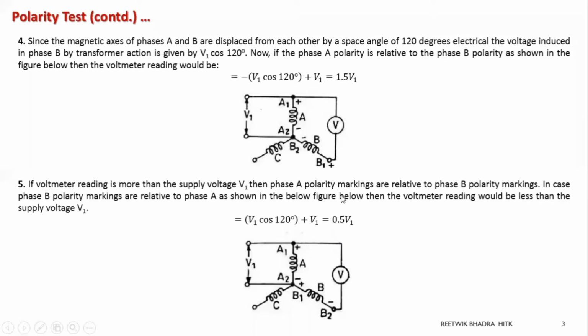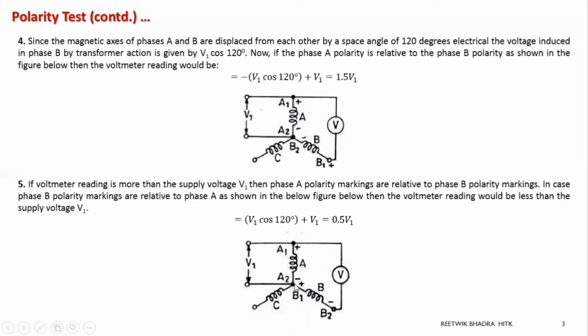So we can say that when phase A polarity is relative to phase B in this way, the voltages get added, and the voltmeter shows a reading greater than the supply voltage, which gives you 1.5 V1. Now, when B is relative to A in the other way, the voltmeter shows a value less than the supply voltage.